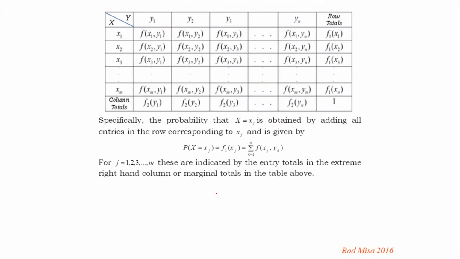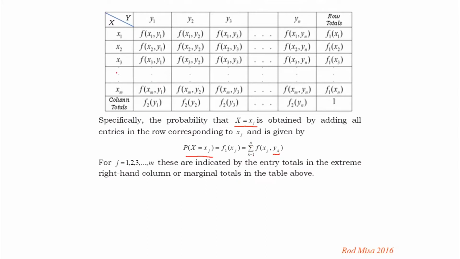Specifically, the probability that X will have a specific value of x sub j is obtained by adding all entries in the row corresponding to x sub j, and is given by f sub 1 of x sub j, which is the sum across all y's, from k equal to 1 to n.